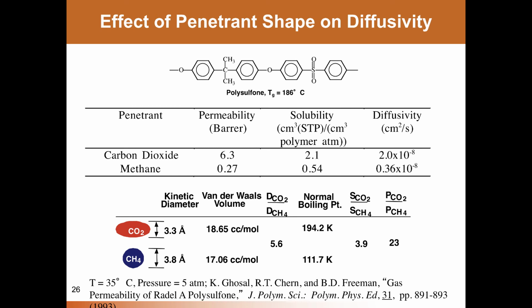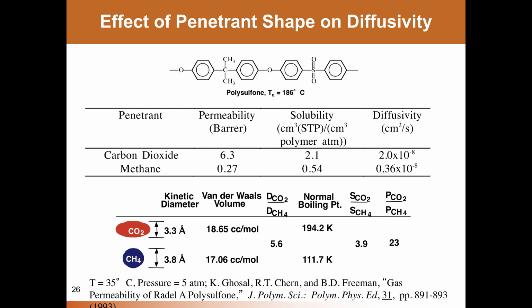That is, molecules with higher molecular weights would be in some sense larger than those with lower molecular weights, and therefore penetrants with higher molecular weight would diffuse more slowly than those of lower molecular weight.